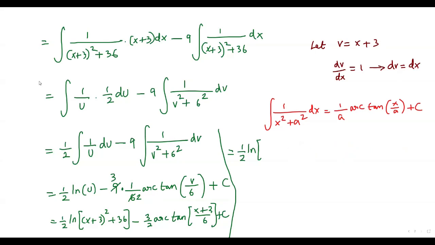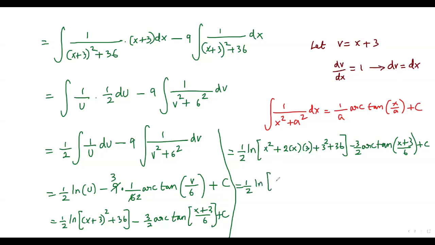Okay, let me continue. Let me get the expansion of this (x plus 3) the whole squared using the algebraic identity. Then I'm getting x squared plus 2 times x times 3 plus 3 squared plus 36, negative 3 over 2 times arc tangent (x plus 3) over 6 plus c. Now we have 1 over 2 times ln of x squared.